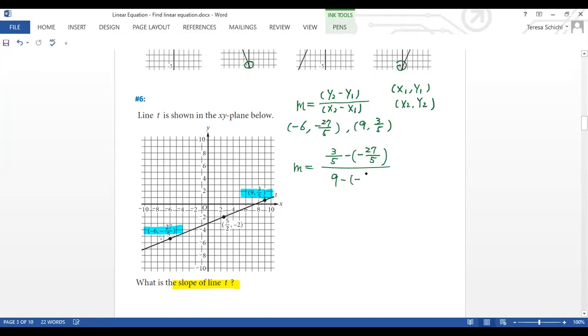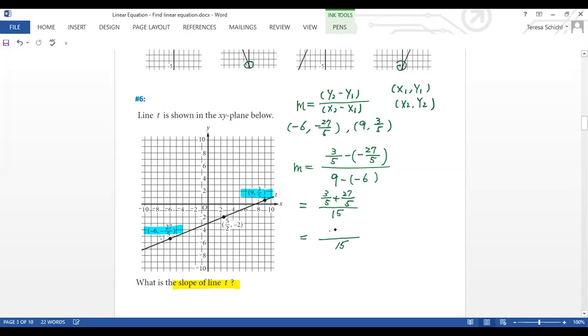It's negative minus negative, and 9 minus -6. Now simplify it. Minus minus is positive, so it's 3/5 plus 27/5. Oh, nice, they both have a denominator of 5. I don't even need to find the common denominator.